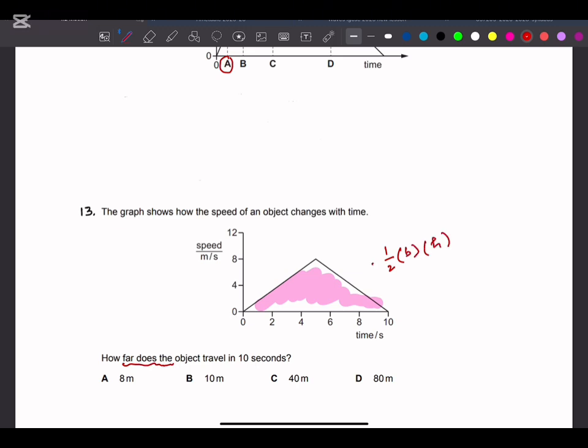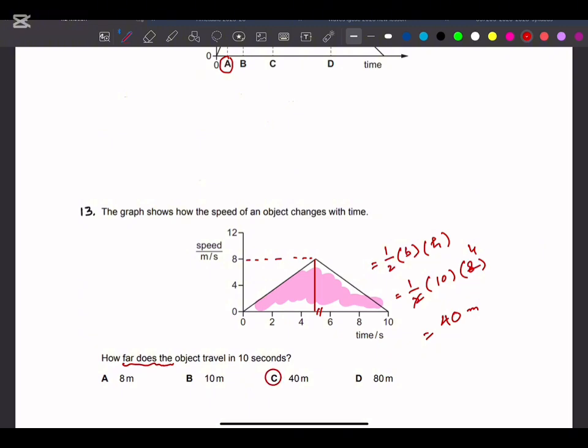This is the area of the triangle. So simply half into 10, which is somewhere here. This is time actually. And as far as the h is concerned, obviously we are not talking about the actual height, but the height of the triangle. So this is nothing but 8. This is giving you the value over here, which is 8. So what you are getting is 40 meter. So the answer is very simple, and this is nothing but C.